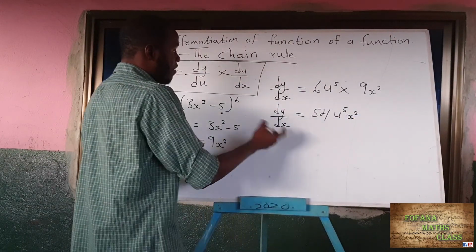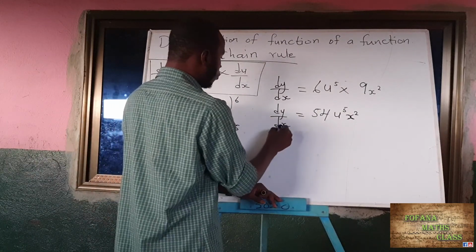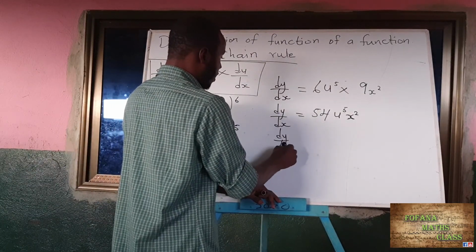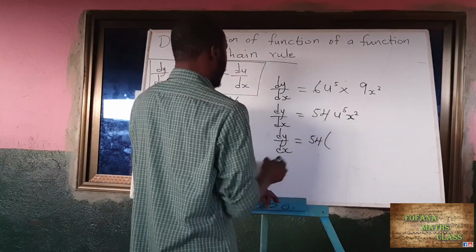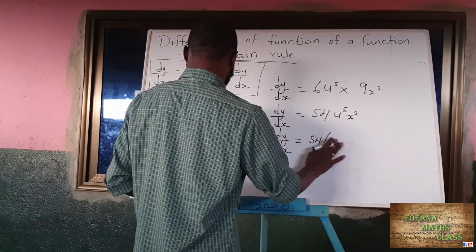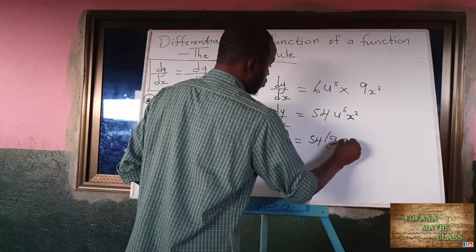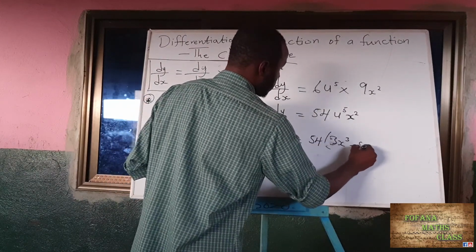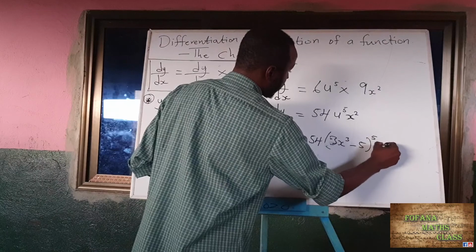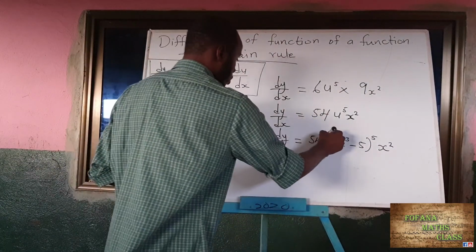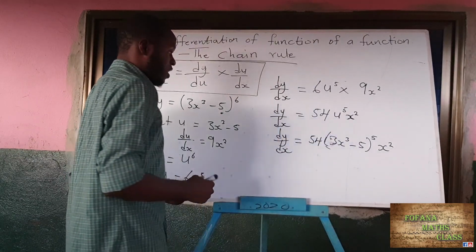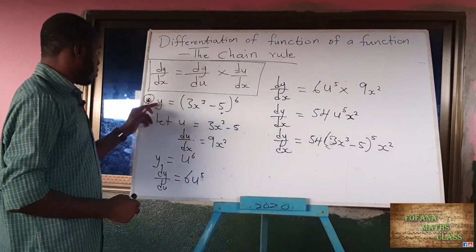Having done that, we substitute the value of u back into the expression, which will be 54 times (3x to the power 3 minus 5) to the power 5 times x to the power 2. And this will give us the answer for the question on the board.